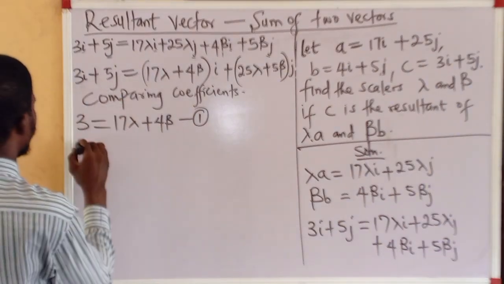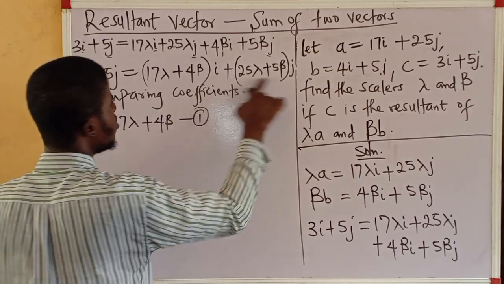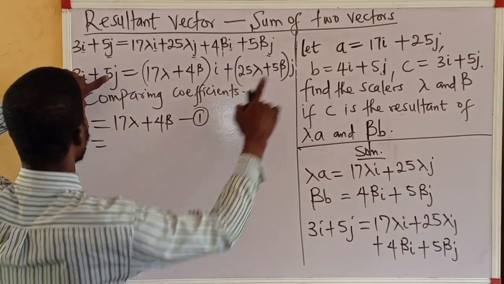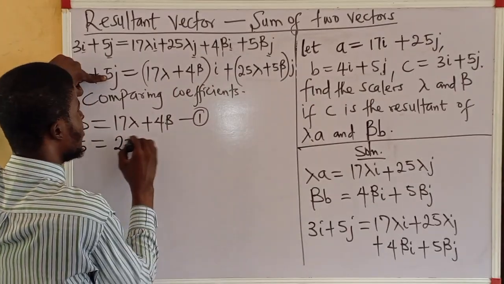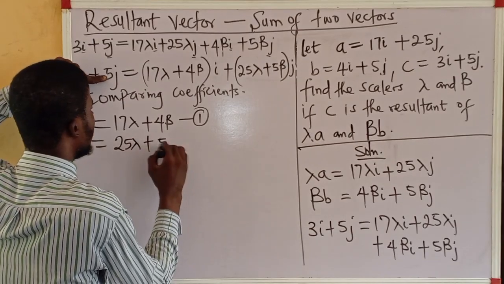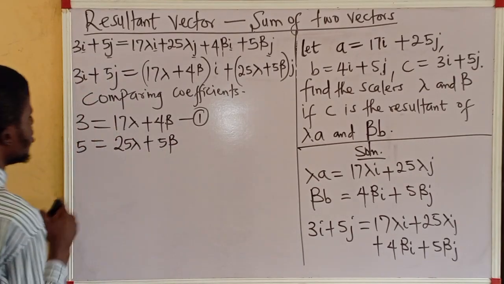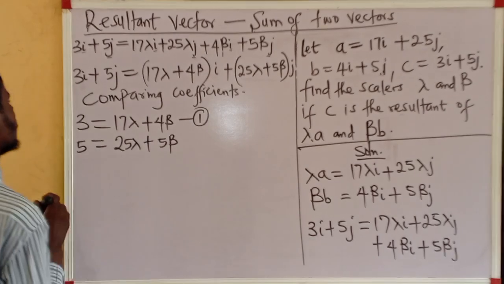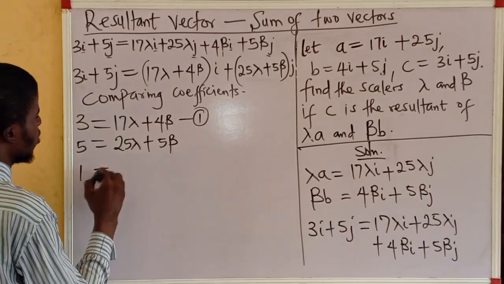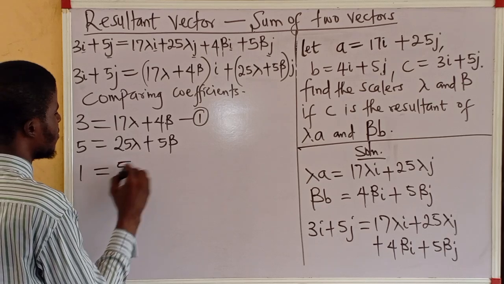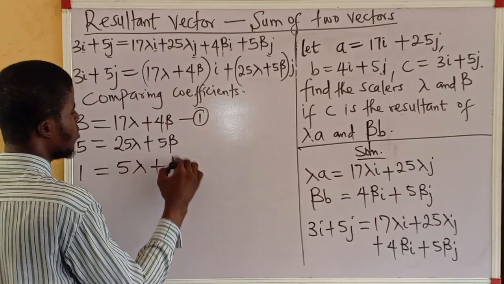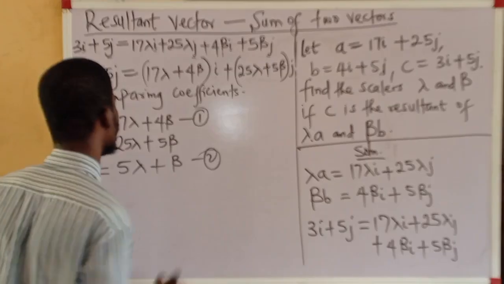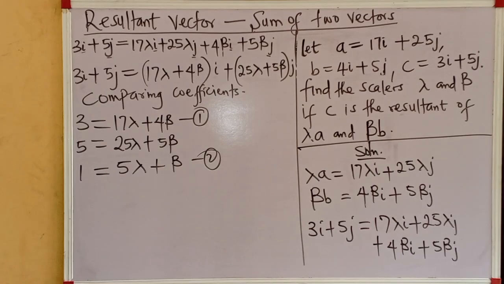Also, 5 will be equal to this since we are having j. So 5 is equal to 25 lambda plus 5 beta. Of course, we can simplify this equation by dividing by 5 to obtain 1 equal to 5 lambda plus beta, equation 2.